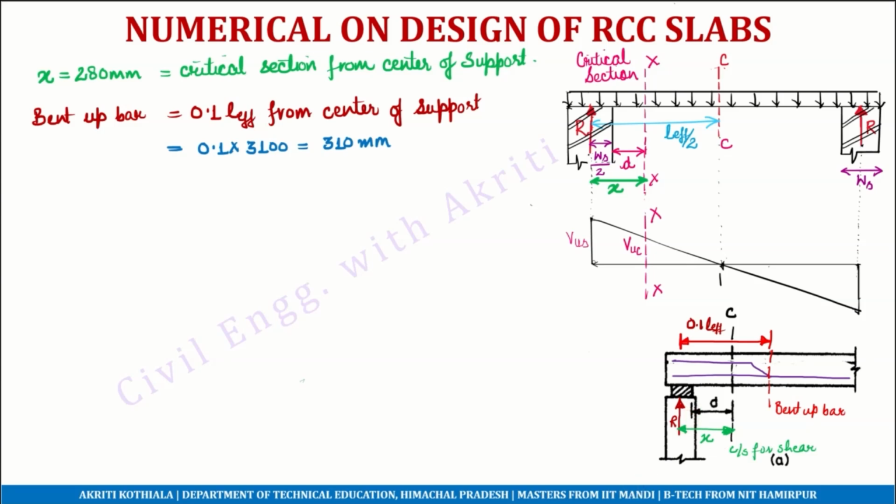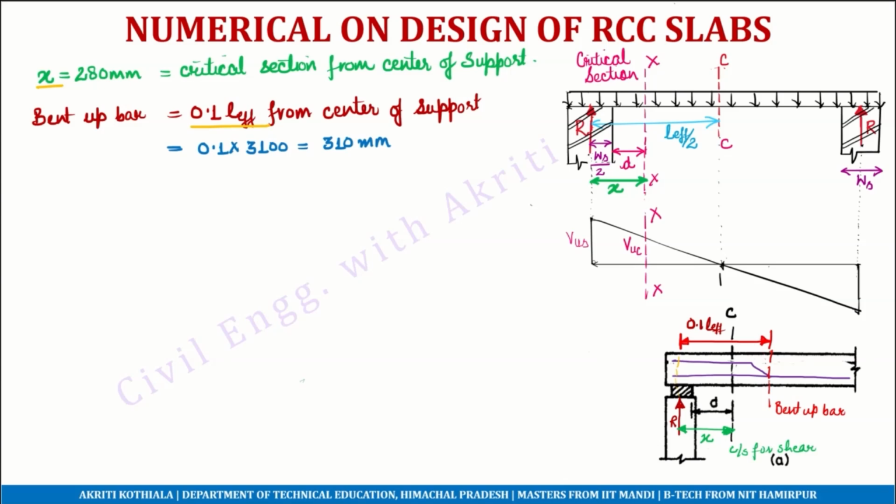So if we consider both these items from the center of the support, one value is x and the other value is 0.1 L effective. In numerical terms, for this question x is equal to 280 mm. So from the center of the support the critical section is at 280 mm, and we are bending up the bar at 310 mm. So the bent up bar is at 310 mm.